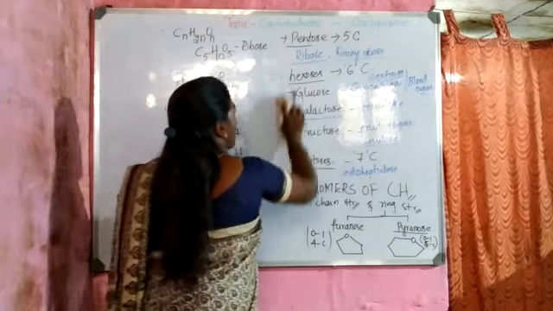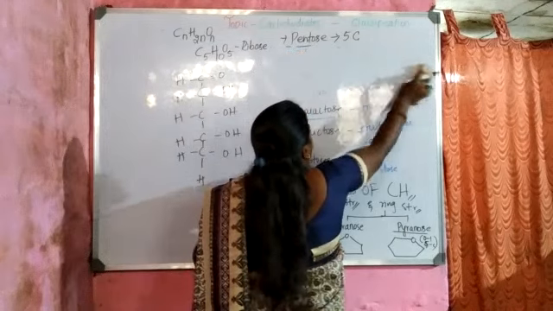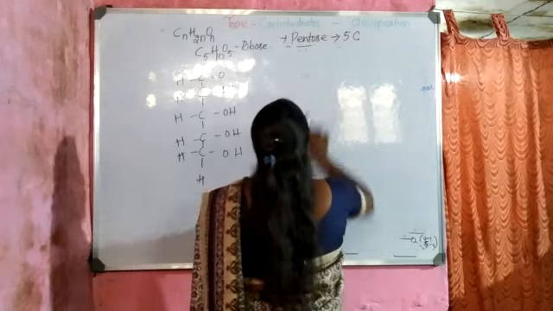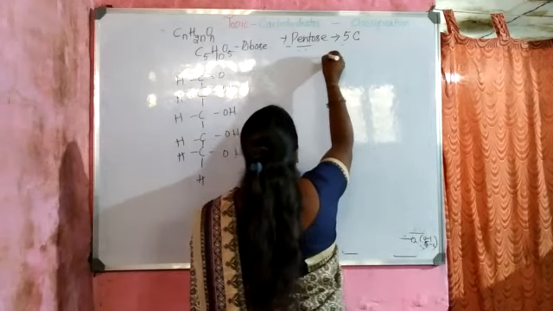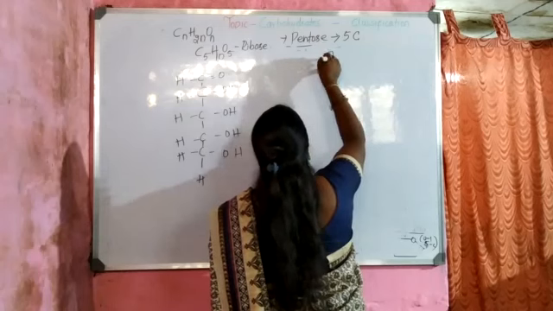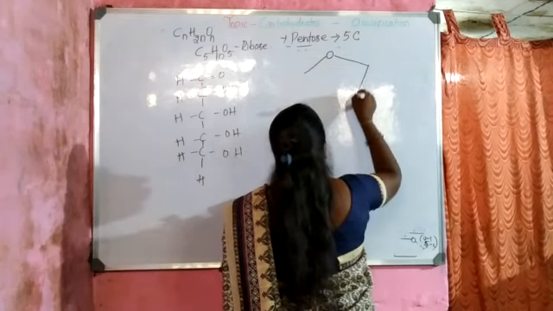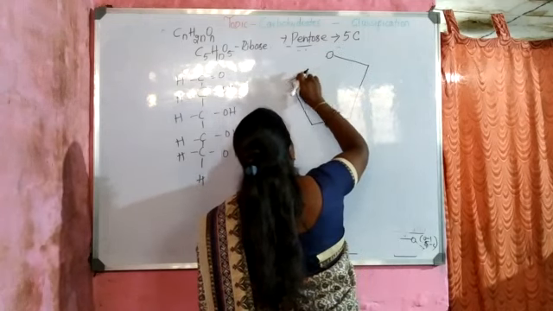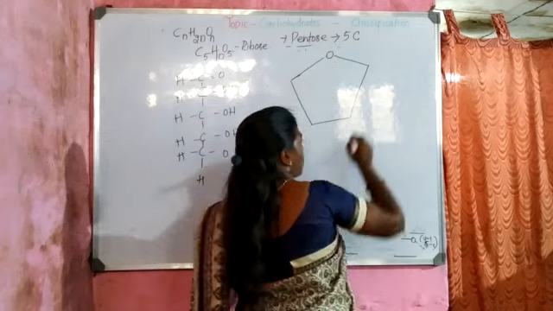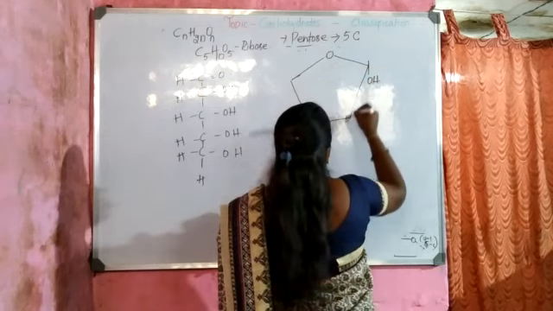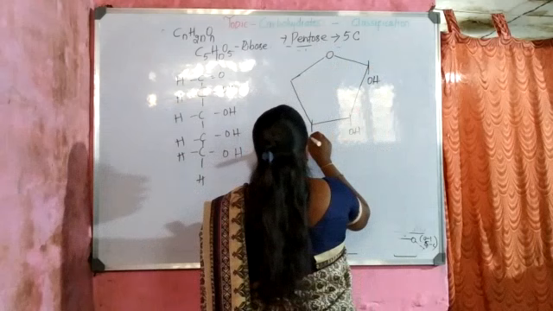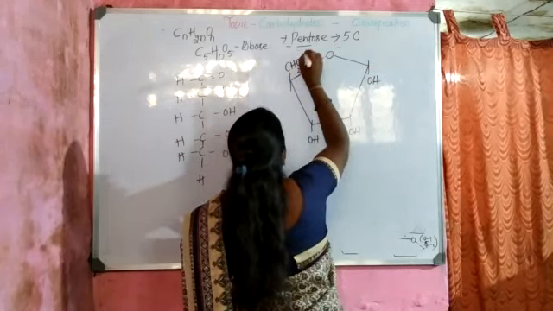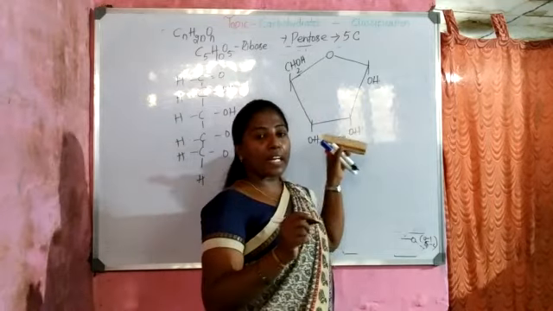Hence, you can find the ring structure like this, a pentagon-like structure, where you can find OH, OH, OH and CH2OH. This is the ring structure of ribose.